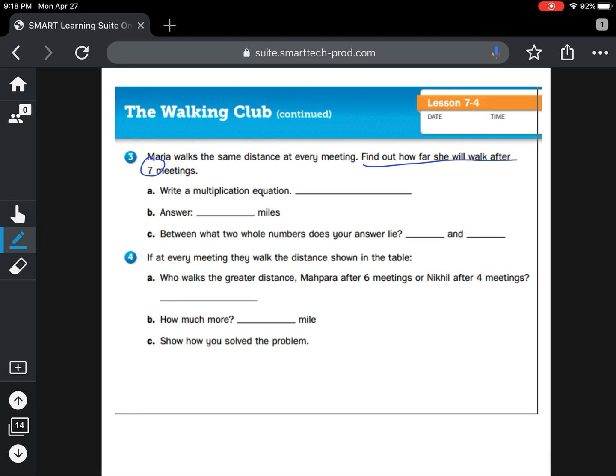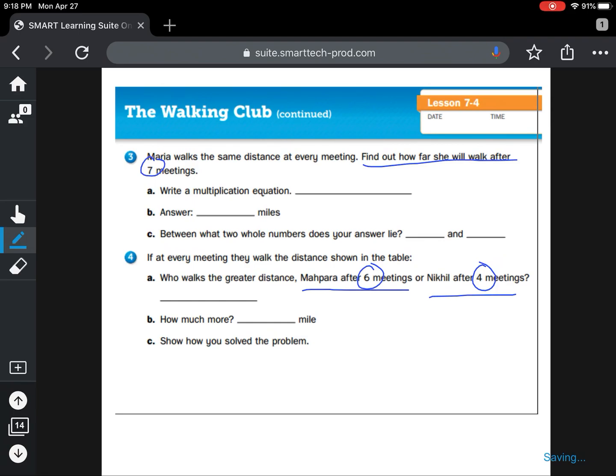Then for question number 4, it says, if at every meeting they walk the same distance shown in the table, who walks the greater distance? Mafera after 6 meetings or Nikhil after 4 meetings. So you have to decide, how far does Mafera walk after 6 meetings and how far does Nikhil walk after 4 meetings?